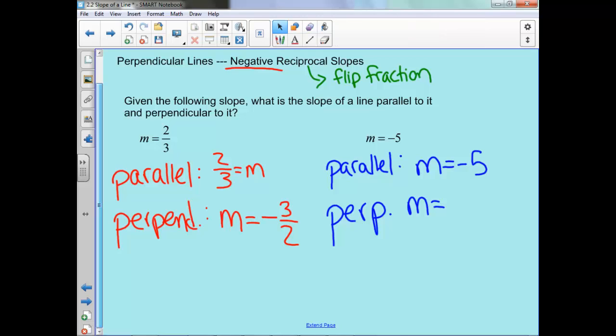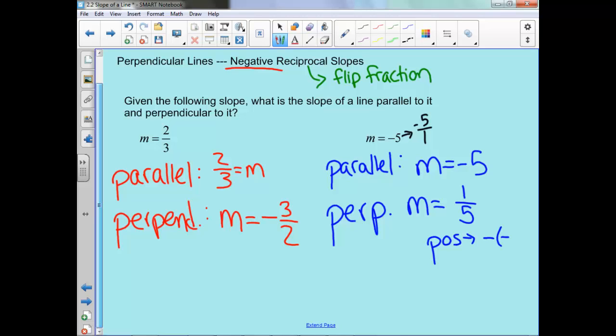So first off, if we wrote this -5 as a fraction, it'd be -5 over 1. And the negative of a negative would be positive. And then when we flip this fraction, it'd be 1/5. Once again, it's positive because you would have a negative of a negative.